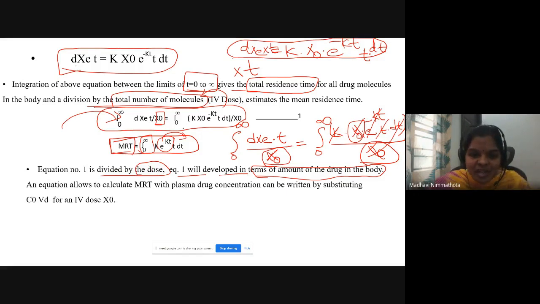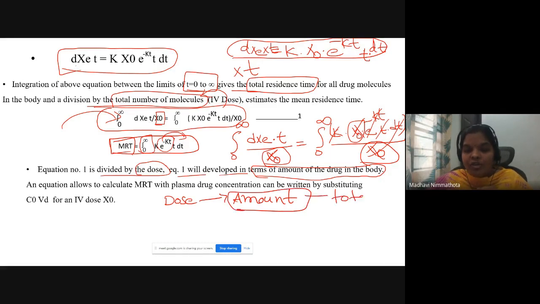So when we take the dose, it shows how much amount of the drug will be available in our body. This will be the total amount of drug available in our body.